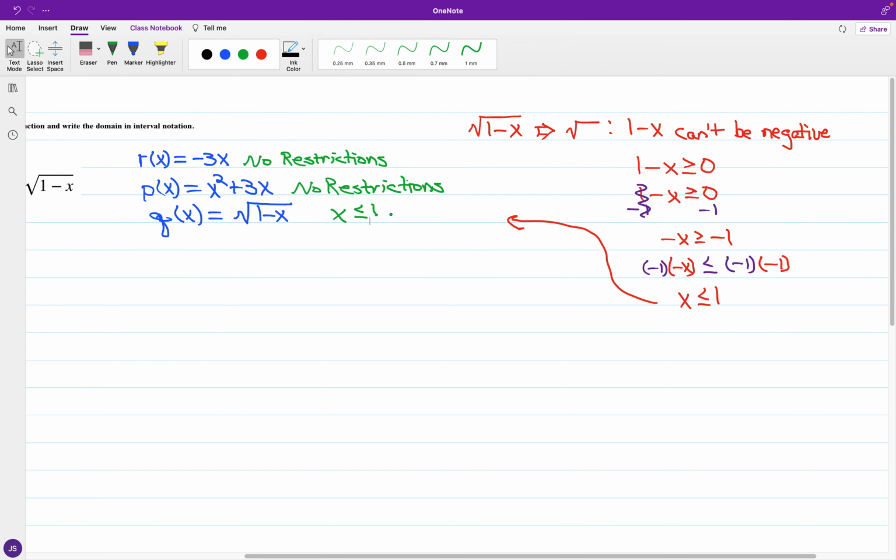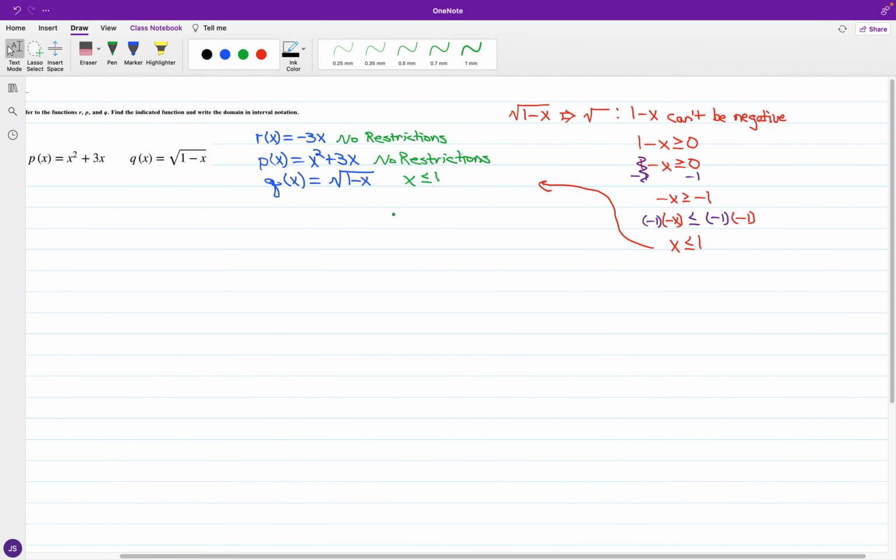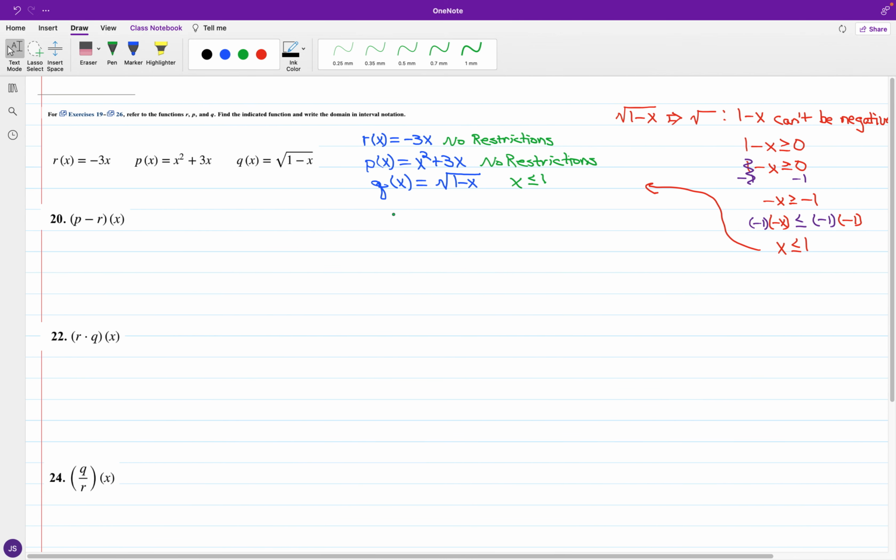All right, and in looking at the operations between the functions, now we have p minus r of x. You're involving the functions p of x and r of x, so there are no restrictions. You can already go ahead and say that the domain is going to be the set of all real numbers.